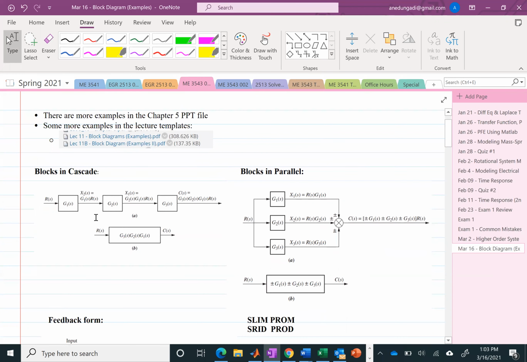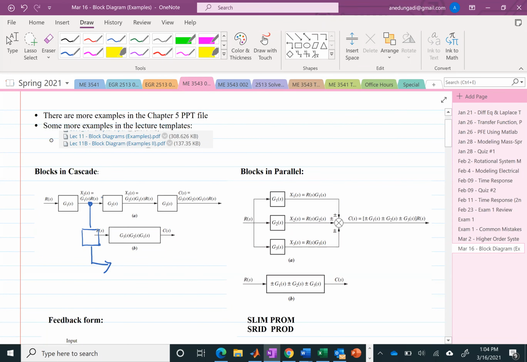I want to quickly recap what we did right before spring break. Blocks in cascade: the equivalent transfer function is the product of the blocks that are in cascade. Now please remember, if I have a signal coming out of this block into some other block, then of course G1 and G2 are not cascaded.